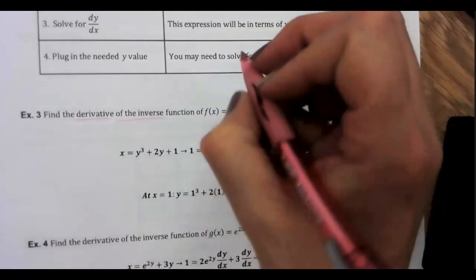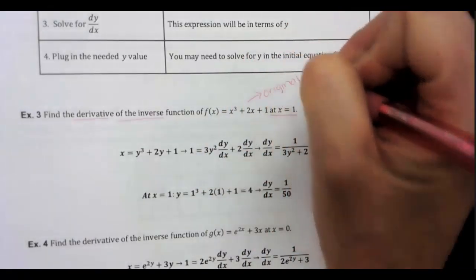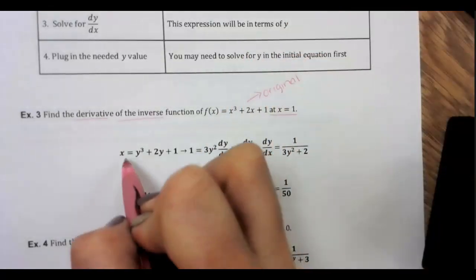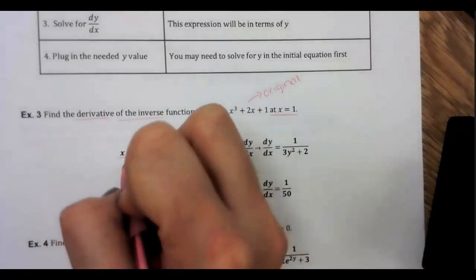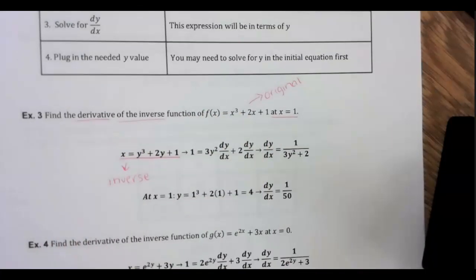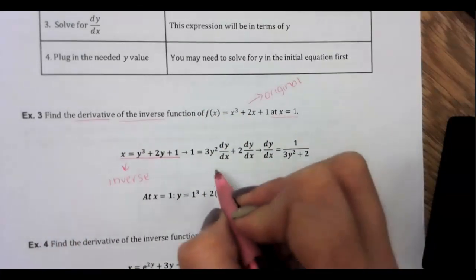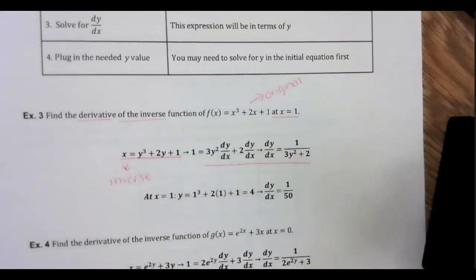So again, this is the original. So here, once I flip x and y, that turns this into the inverse. So here's my inverse derivative using implicit.